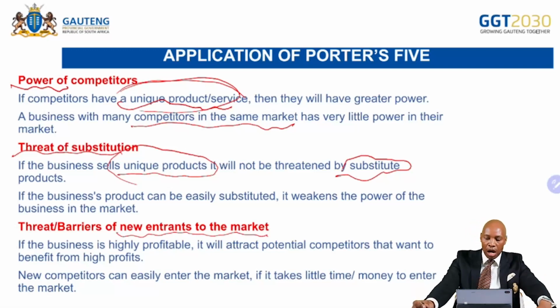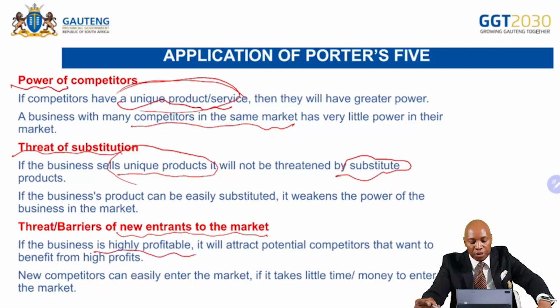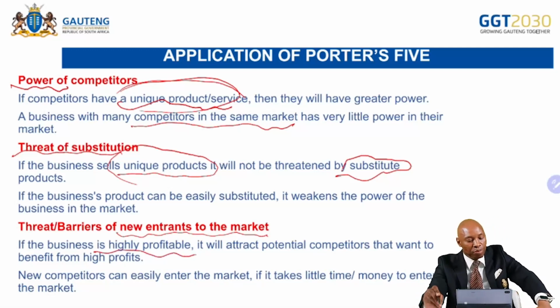Then, how does a business apply the threat of new entrants to the market? We say, if a business is highly profitable, it will attract potential competitors that would want to benefit from high profits. Every business wants to make profit.